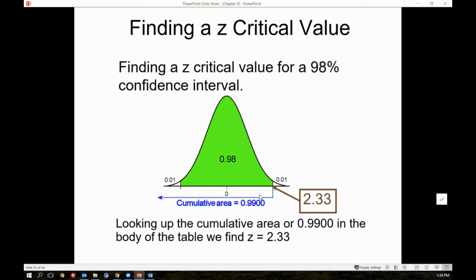Because, like I said earlier, you can do a confidence interval for any level of confidence. Our most common are 90, 95, and 99, but you can do any. You want to do 98.95, go for it. Okay.